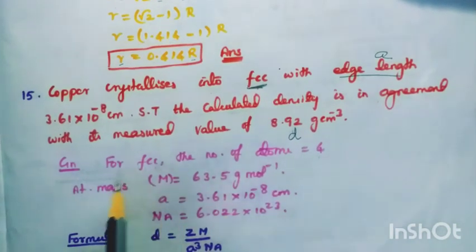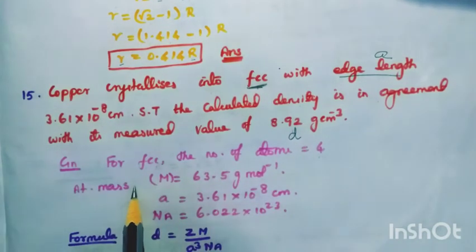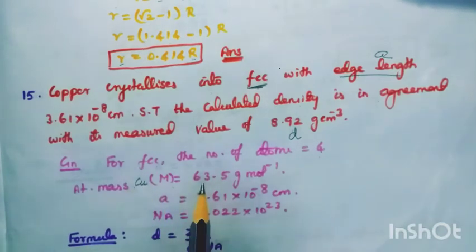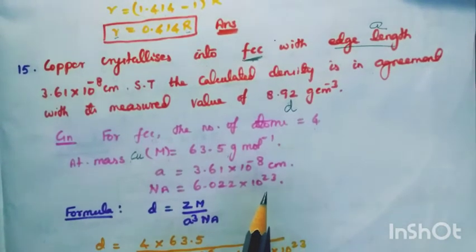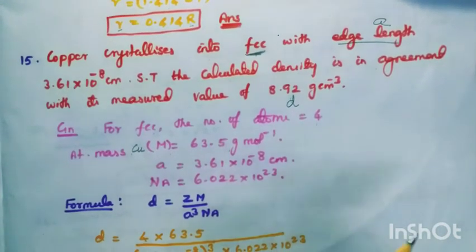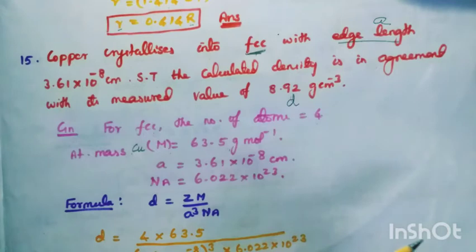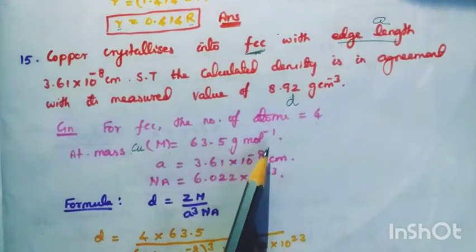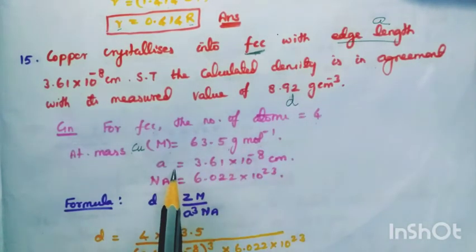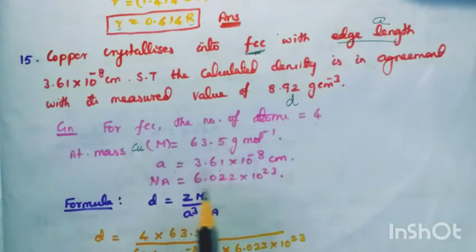The atomic mass of copper we know is 63.5 gram per mole, that is M. N A is the Avogadro number.